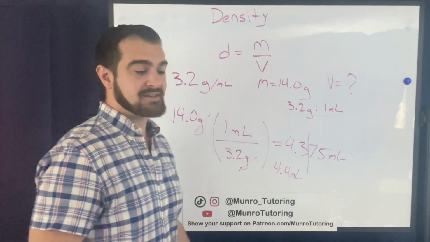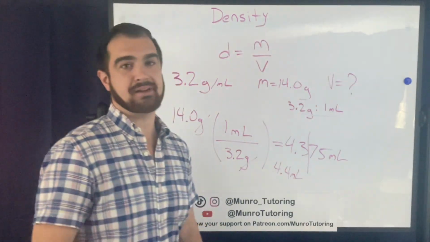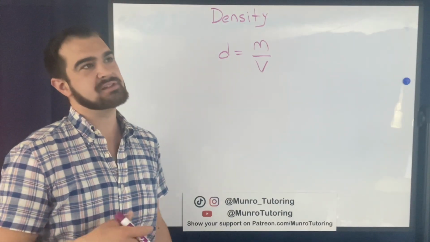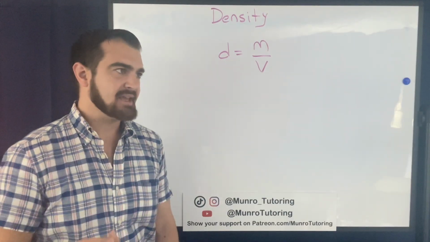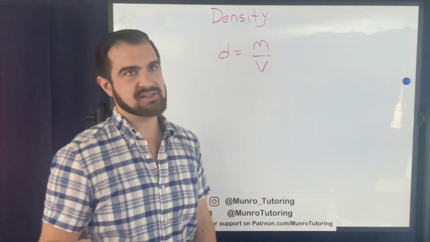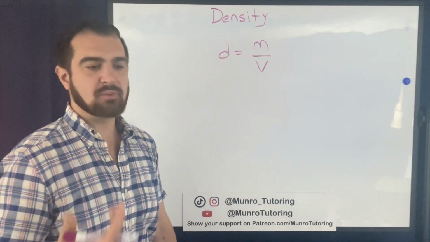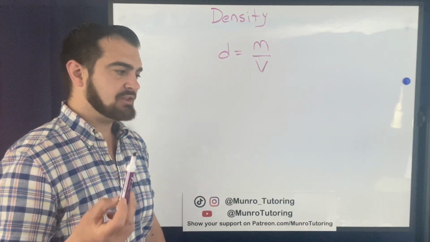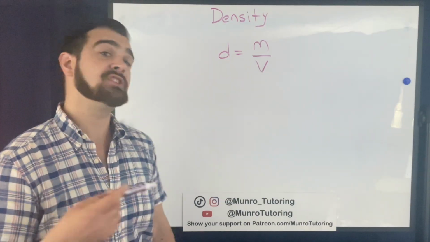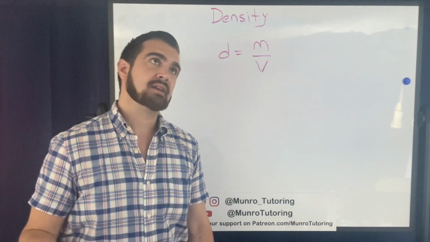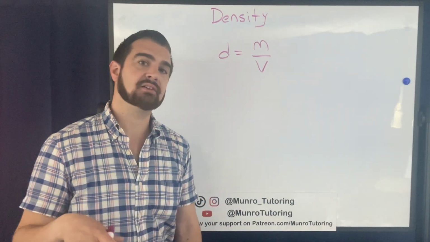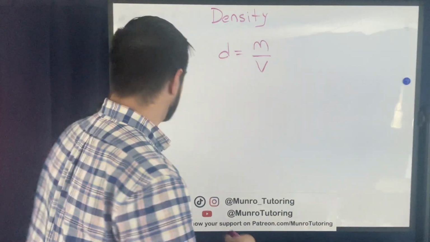So now, let's get to the other level of how these problems can go. So for this type of problem, we're going to bring it up a notch. And there's a bunch of ways I could ask this, but I think what I'm going to do is something like this. We're going to say we have a graduated cylinder, and it has 10 milliliters of water in it, okay?